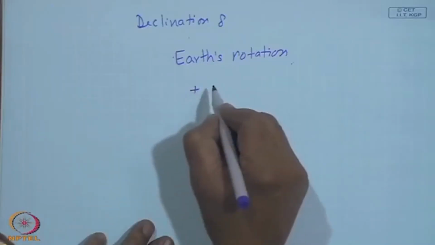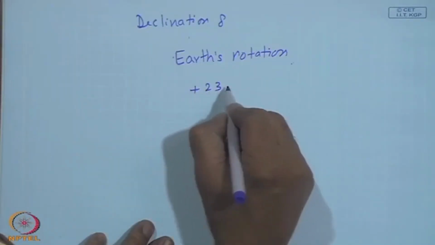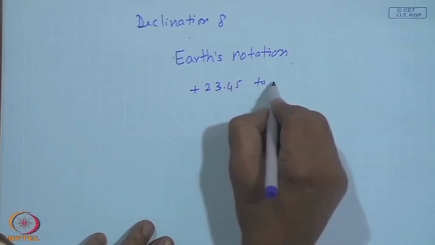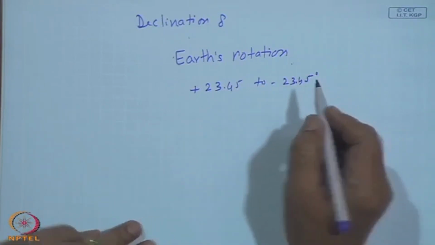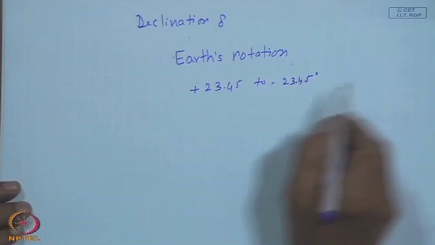The plane of rotation and the equatorial plane are not the same. The axis over which the earth is rotating is tilted with respect to the north-south axis. That will be varying because the earth is going through an elliptic path, from plus 23.45 to minus 23.45 degrees, and each day you can calculate according to this equation.